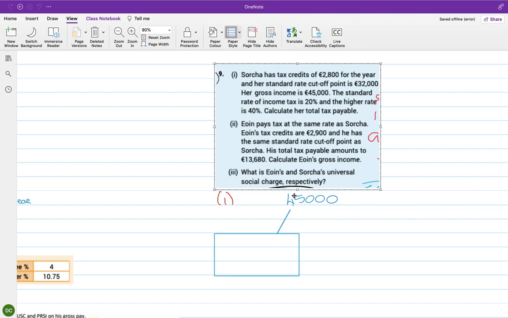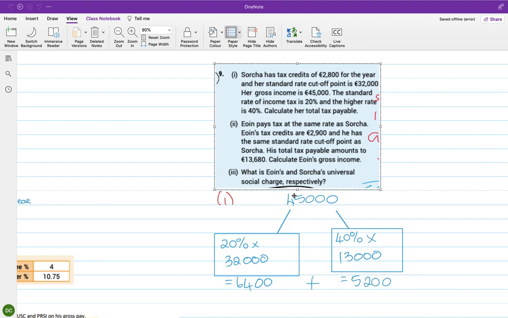Standard on this side is 20% multiplied by 32. Higher on this side is 40 multiplied by the rest. So 45,000 minus 32,000 is 13,000. Do those percentages. So this is 6,400 and this one is 5,200.